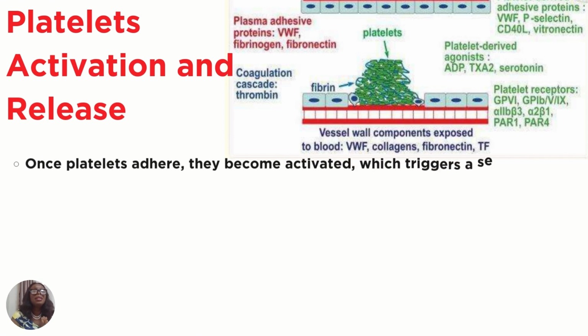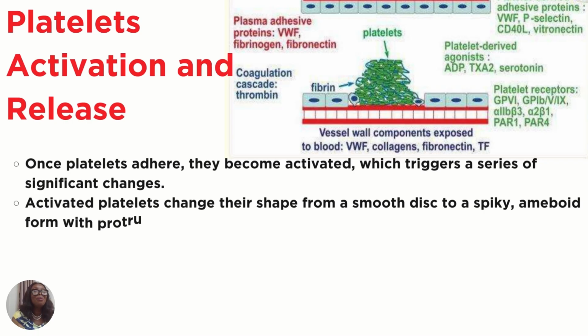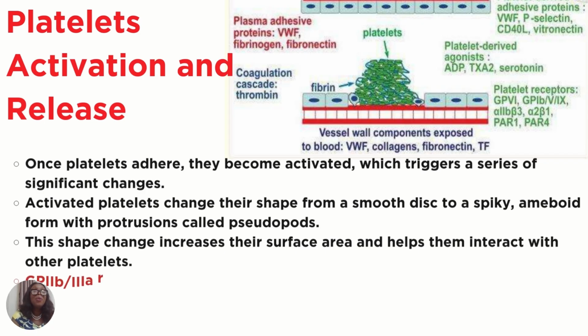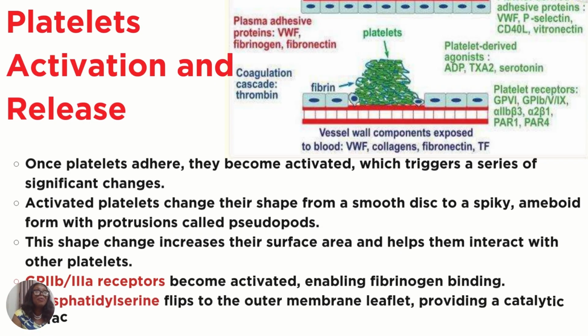Once platelets adhere, they become activated. So we are looking at the second process, platelet activation, and then the release of platelet granules. Once platelets adhere, they become activated, which triggers a series of significant changes. Once platelets adhere to von Willebrand factor at an exposed vascular site, and to the collagen, they become activated.